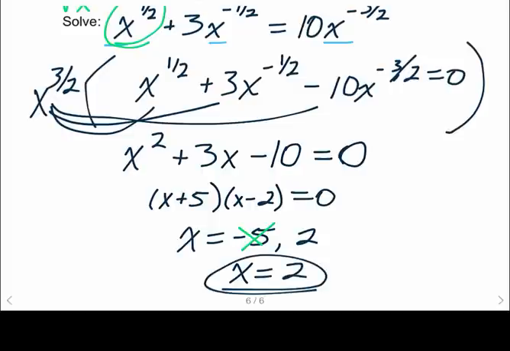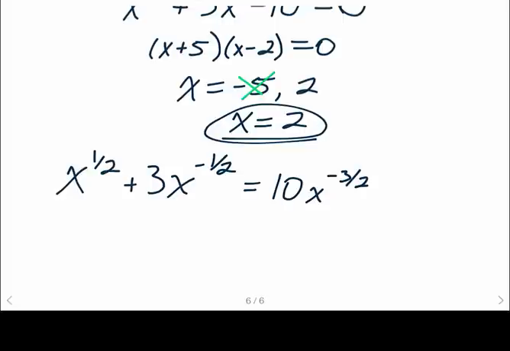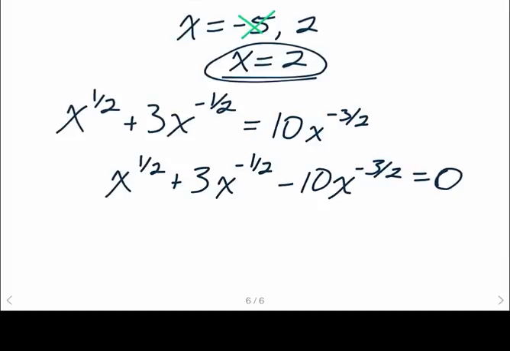Now I said we would look at this in a couple of different ways, so let me rewrite the equation. And as before, get everything on the same side by subtracting 10x to the -3/2. And now we're going to approach this like we did last time, recognizing that we have a common factor among all the terms. Using the smallest of the three exponents, -3/2, I'm going to factor out that x to the -3/2.